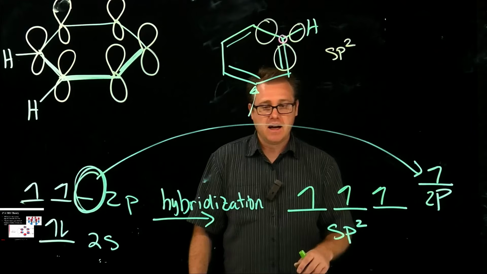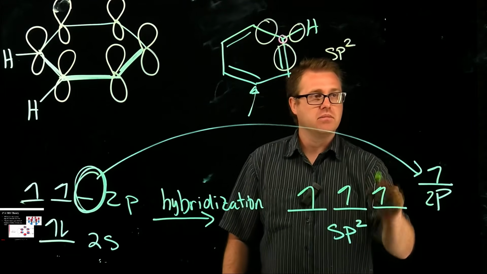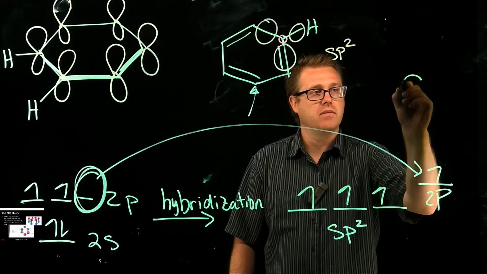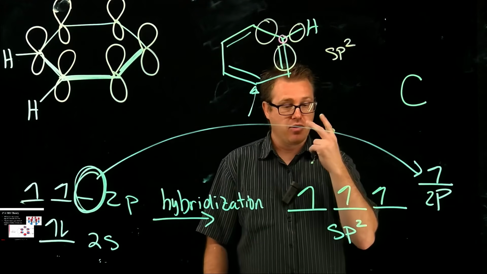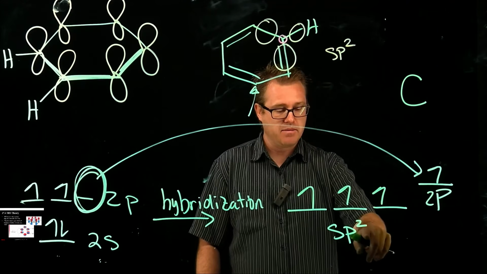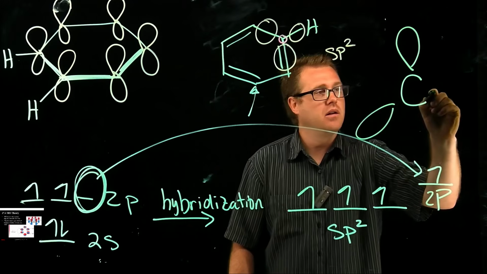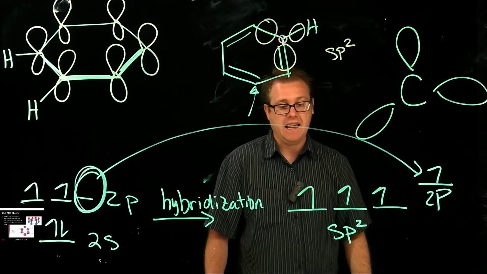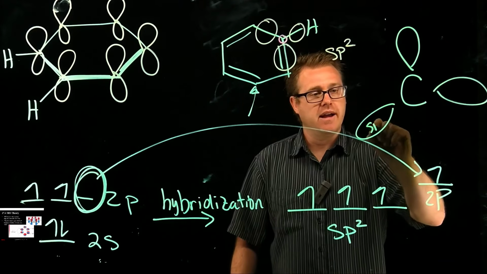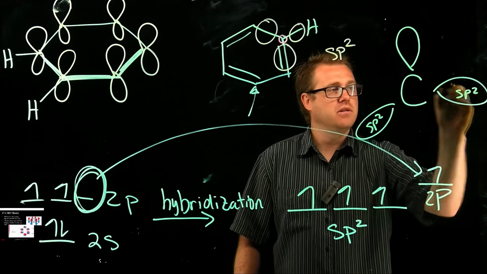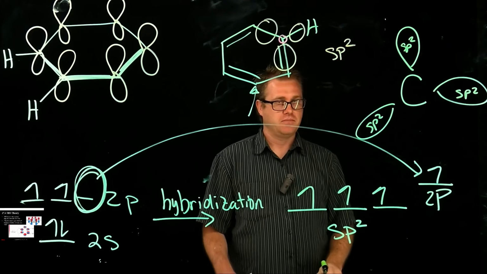Now a carbon atom that is sp2 hybridized is going to have 3 sp2 hybridized orbitals, and they are going to be in the same plane. So these are our sp2s, in the same plane.